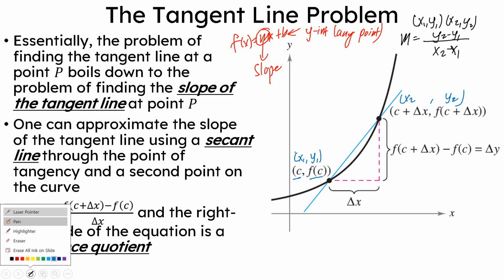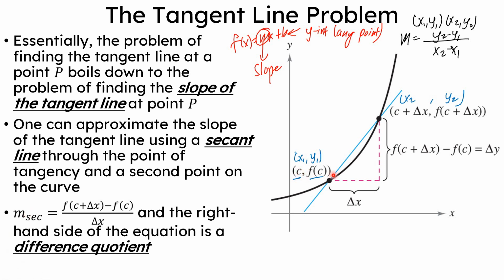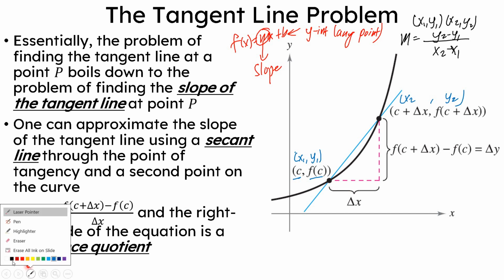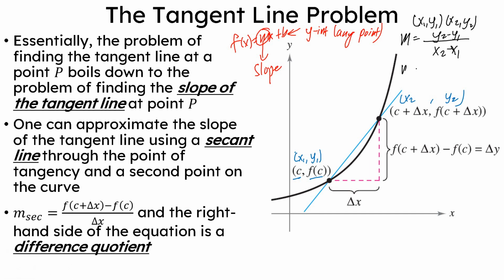As we can see, it's c and then c plus delta x, because that's the change from x sub 1 to x sub 2, which is delta x. The change in y from y sub 1 to y sub 2 is delta y. So we can write the slope as the change in y over the change in x. The delta symbol means change.